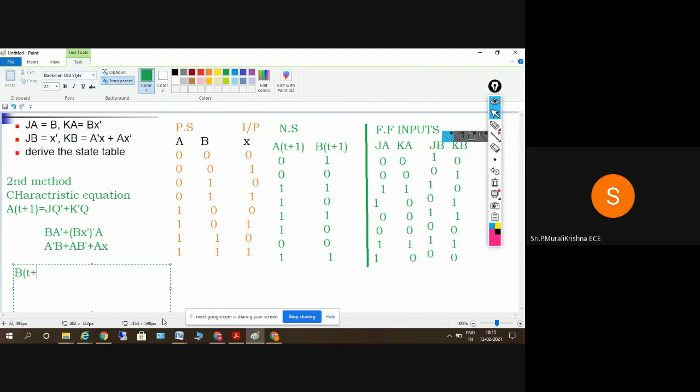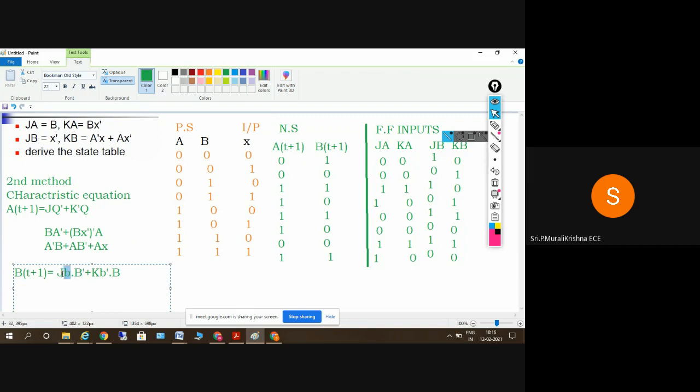B of T plus 1 is equal to J B into B bar plus K B bar into B here. The value of B is nothing but Q here. So J Q bar plus K bar Q. So that is the equation of the JK flip-flop, right?